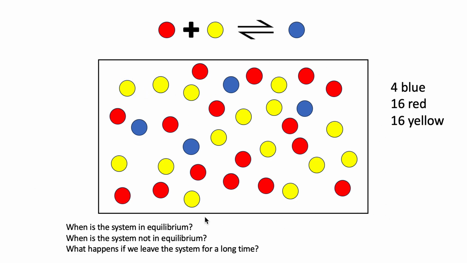So you've got lots of red and yellow particles here, and a really low yield of the blue particles because the equilibrium is quite far to the left. Even though we've still got closed apparatus, and forwards and backwards reactions happening at the same rate, it's still equilibrium, just in a different position. And if I come back to it a long time later, I'd expect to have the same proportions of red, yellow and blue. That's what equilibrium is.